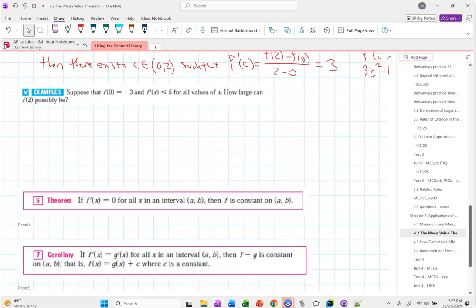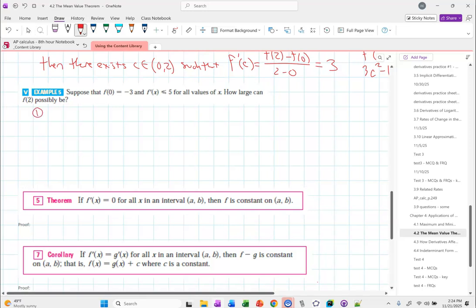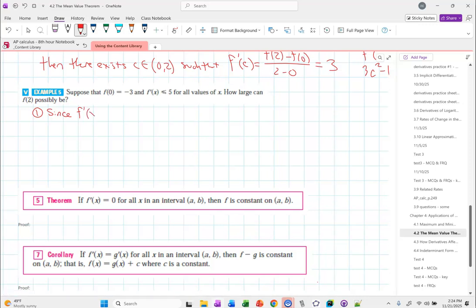Okay, what two conditions do I need for the mean value theorem? I need continuity on f. So how do I know f is continuous? Because you can take the derivative. So since f prime of x is less than or equal to 5 for all x, f is differentiable for all x.